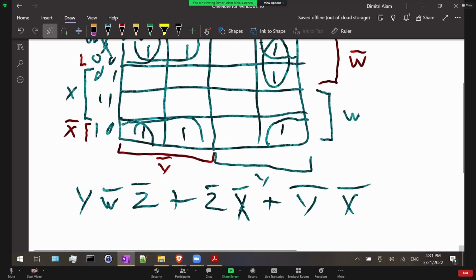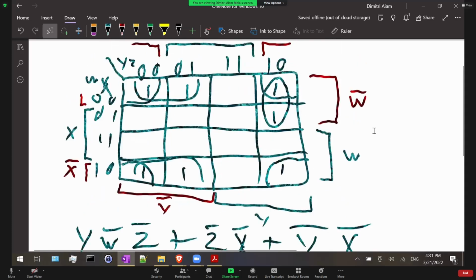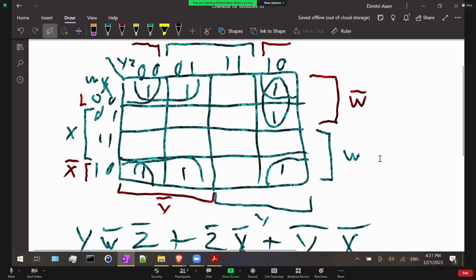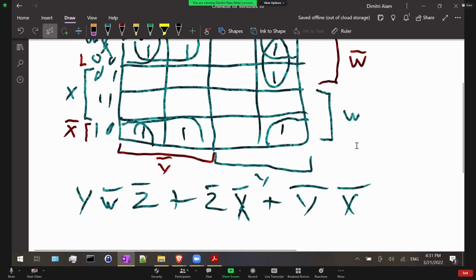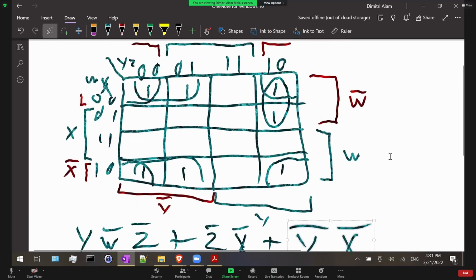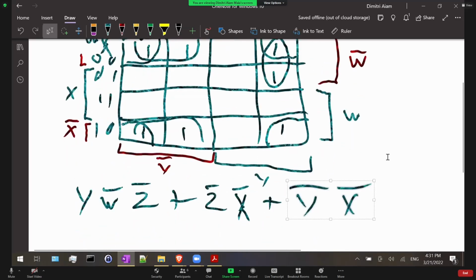Can you annotate the screen? Yeah, it's the last term, I believe. It's that one that's wrong. It's supposed to be W not Y not.